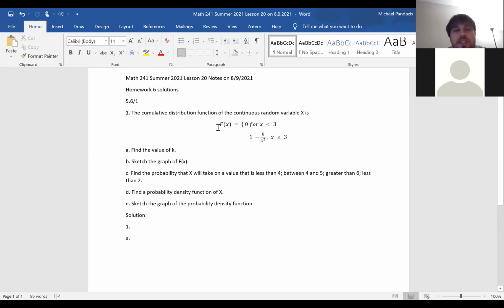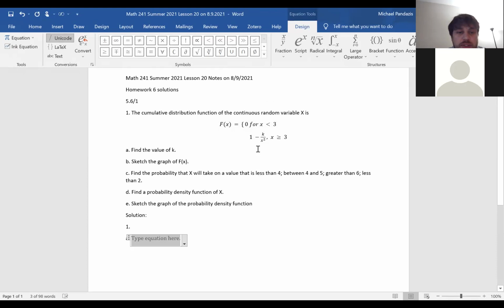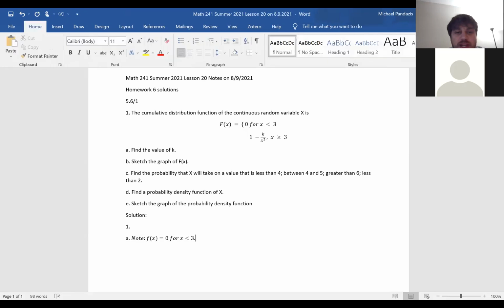Okay, so here's the thing. Capital F of x is 0 for x less than 3, right? So that means that the PDF, little f of x, is also 0 for x less than 3, because of what capital F of x, the cumulative distribution function, is telling you.